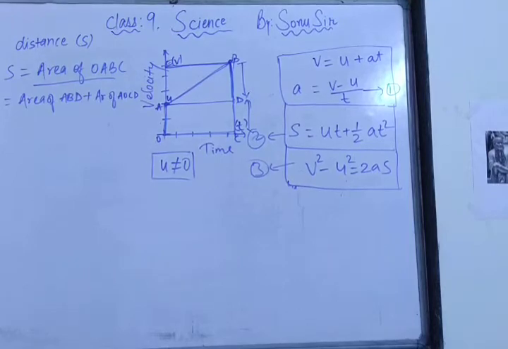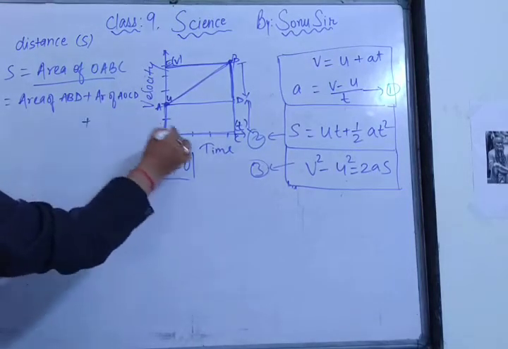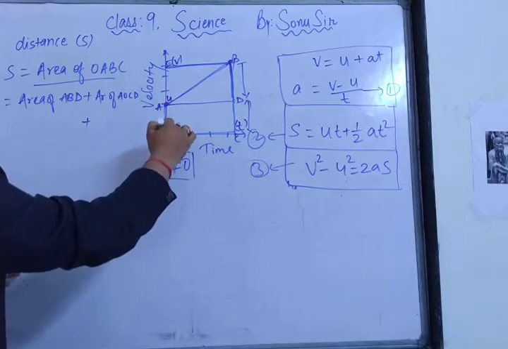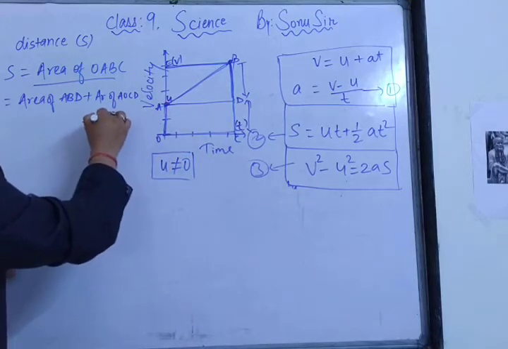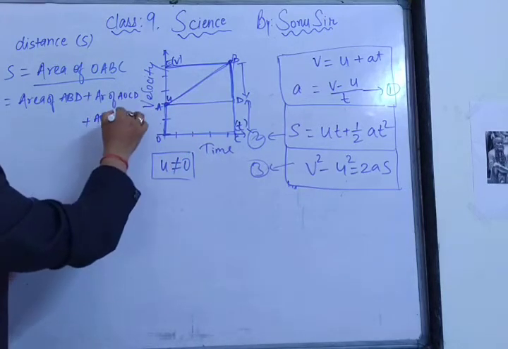Now tell me, what will be the triangle area? Half into base into height. And what will be the area of the rectangle? Length into breadth. Here length is AO and breadth is OC.